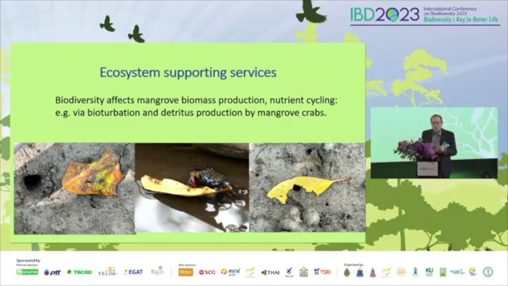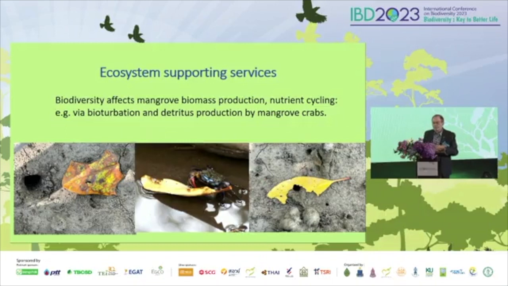I want to also mention the supporting services because they're often overlooked a little bit. We know more and more about the importance of mangrove crabs, the small crabs, Sesarma, and the fiddler crabs that live in the mangrove, and they provide a vital service in nutrient cycling. Their burrows, and their feeding on mangrove leaves, turn the leaf material into particles of very nutritious detritus that then provide food to the aquatic communities that are associated with mangroves.